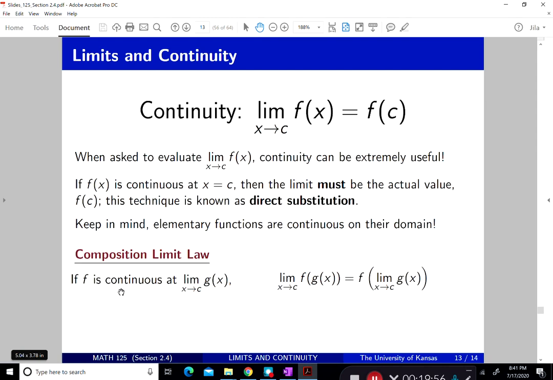If f is continuous at the limit of x approaching c of g of x, then the limit as x approaches c of f of g of x is equal to f of the limit as x approaches c of g of x. And this is basically bringing the limit inside.